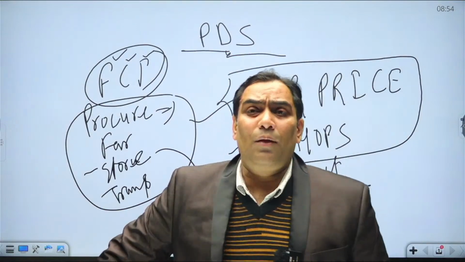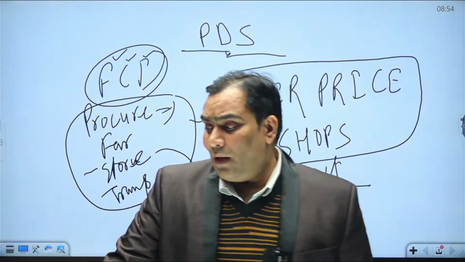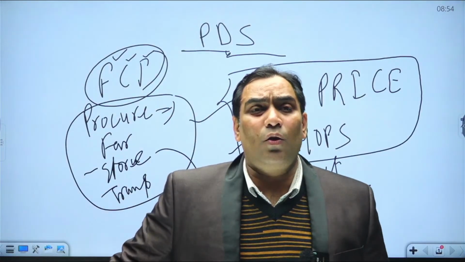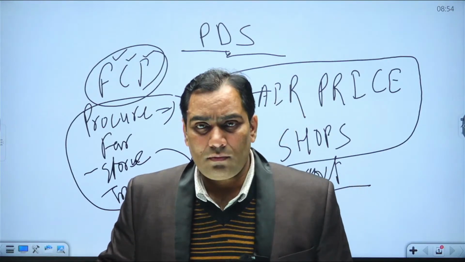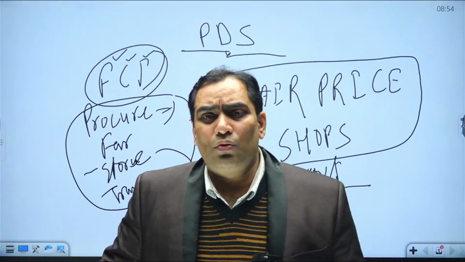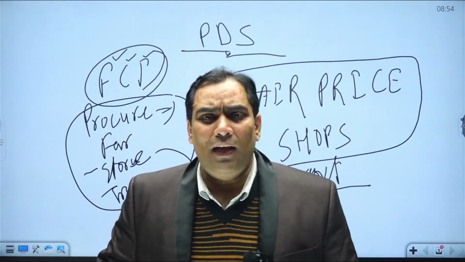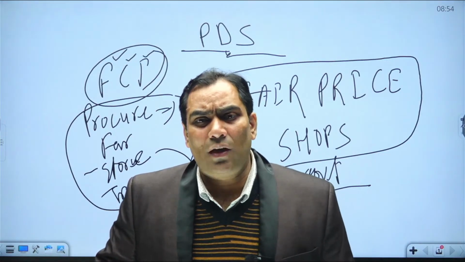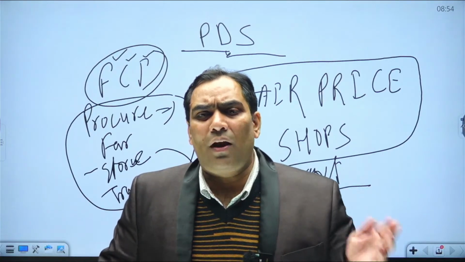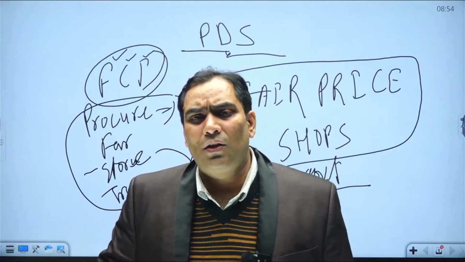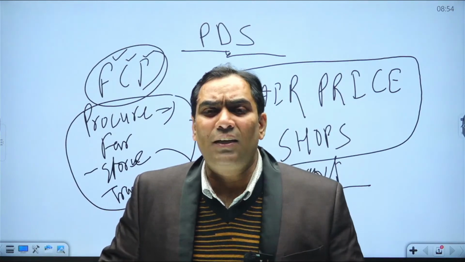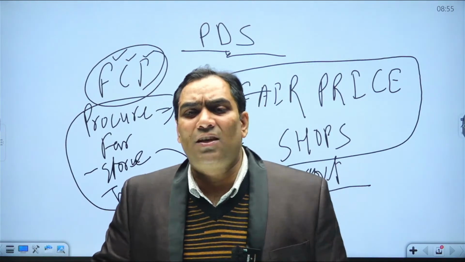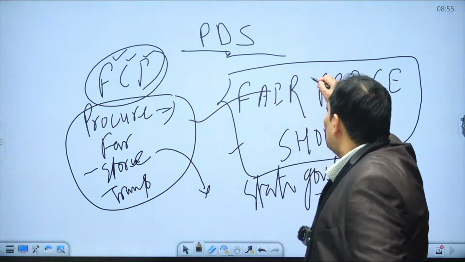It is very important that I explain what the scenario was and what changes we have made. First I define the public distribution system: it refers to the distribution of food grains among the citizens at a subsidized rate, through the fair price shops.